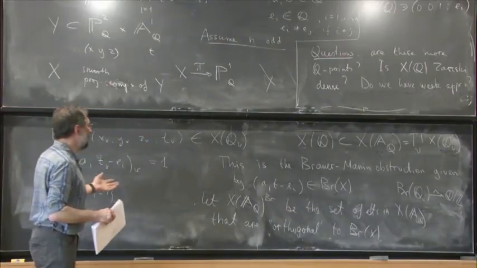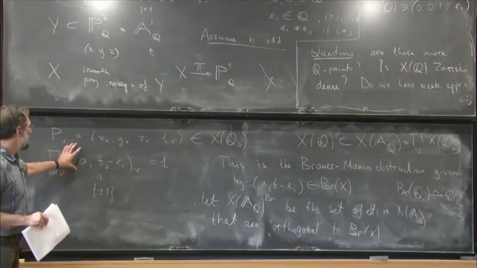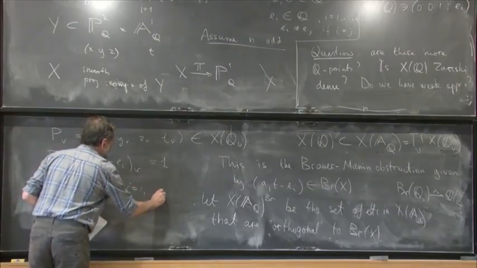So in the example that I'm looking at, this is simply the set of adelic points that satisfy all these conditions for i from 1 to n.